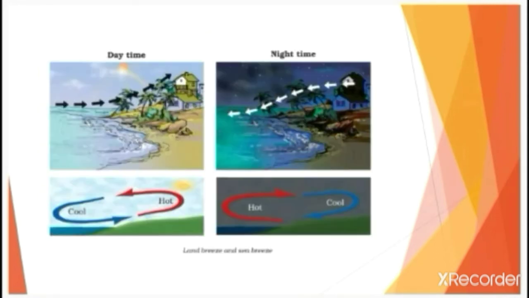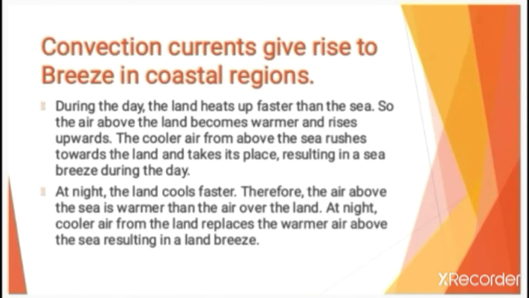In coastal regions, sea breeze during the day and land breeze during the night occur due to convection. Let's discuss how convection currents give rise to breeze in coastal regions. During the day, the land heats up faster than the sea, so the air above the land becomes warmer and rises upward.